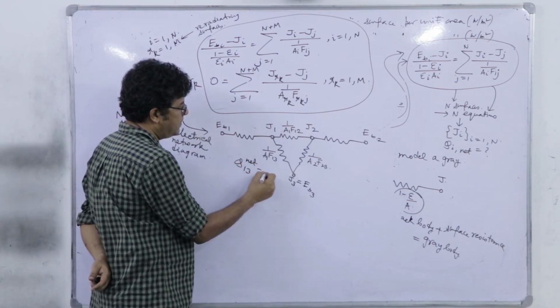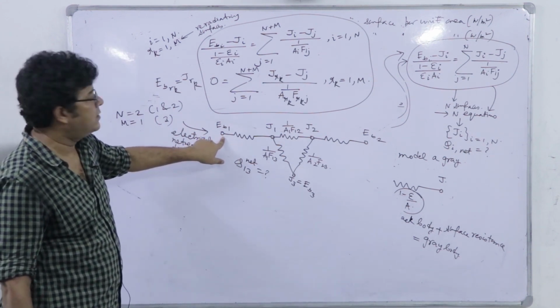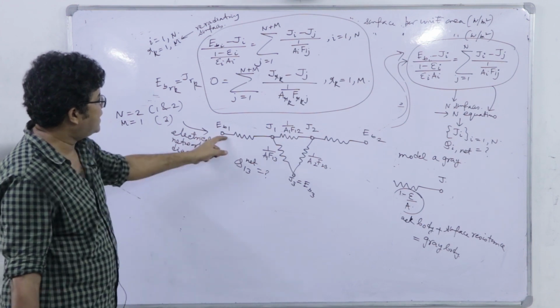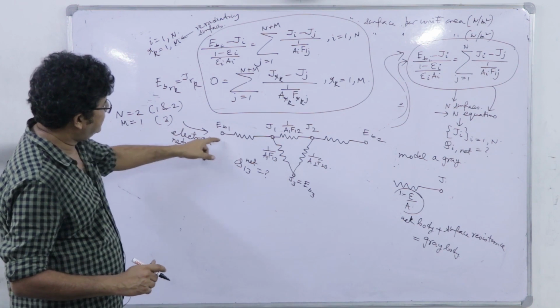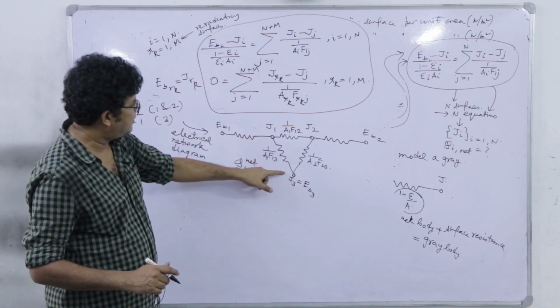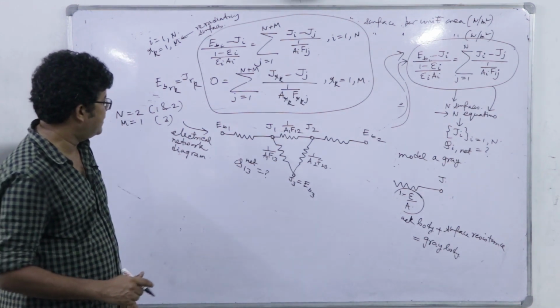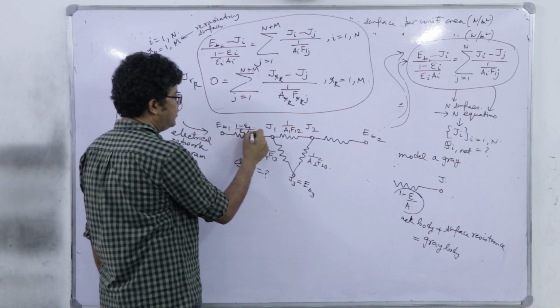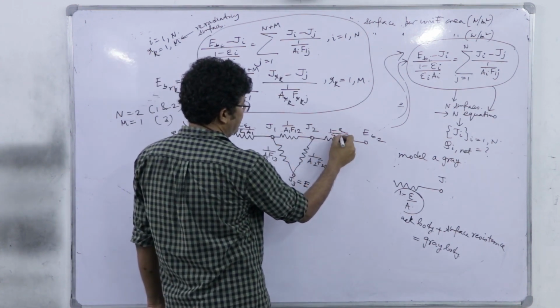Now, I want to know what is Q13 net, the net radiation exchange from 1 to 3. You see there is a direct pathway here, and there is another indirect pathway. Here we have (1 minus epsilon 1) by epsilon 1 A1 and (1 minus epsilon 2) by epsilon 2 A2.